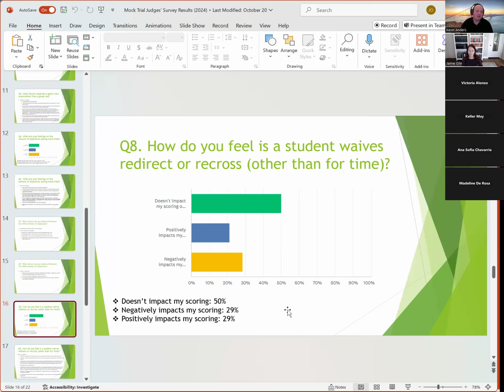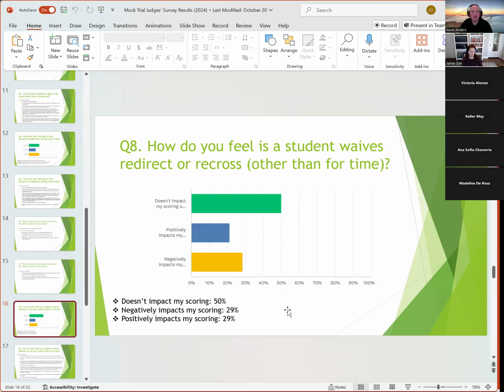Given that you are under time constraints, looking at the judges' responses, half of them said it doesn't impact the scoring. 29 said 20, they were pretty split as to whether it positively or negatively impacts the scoring. Again, it's an advocacy competition.